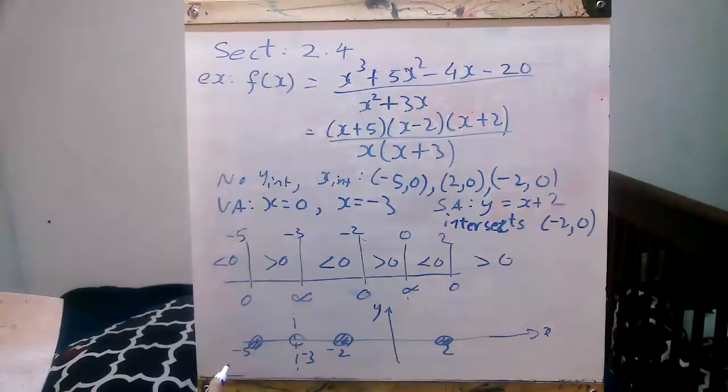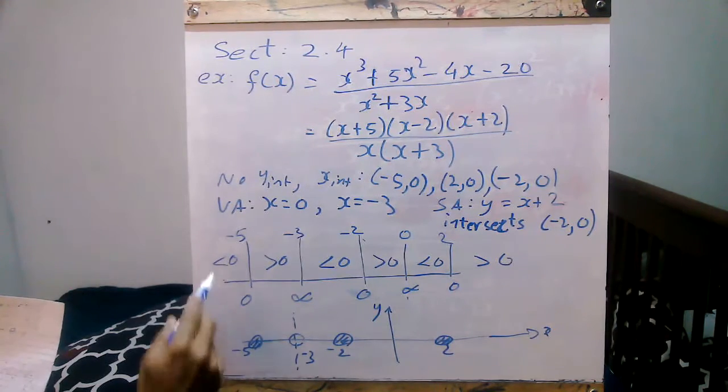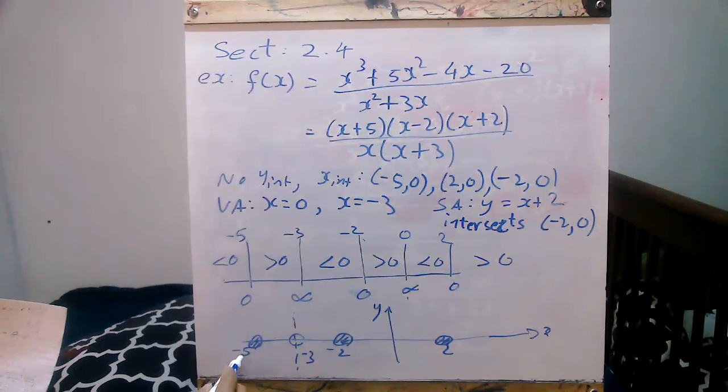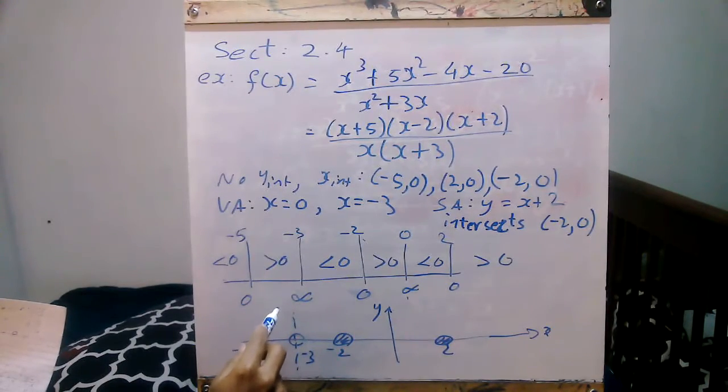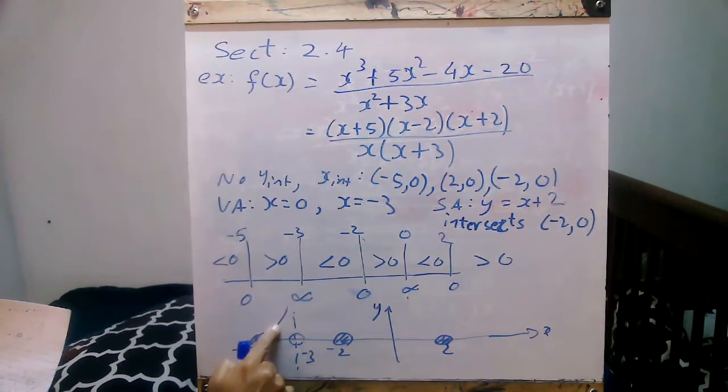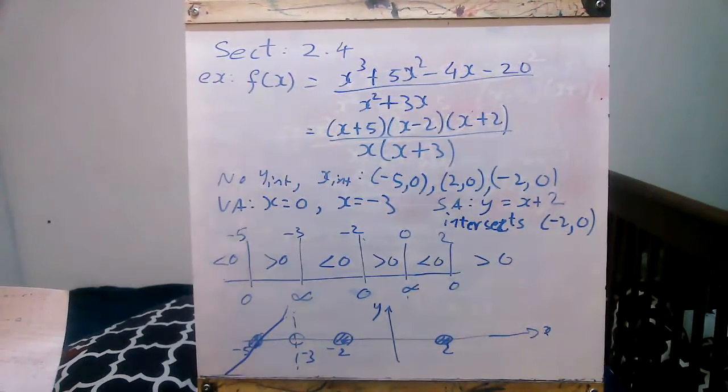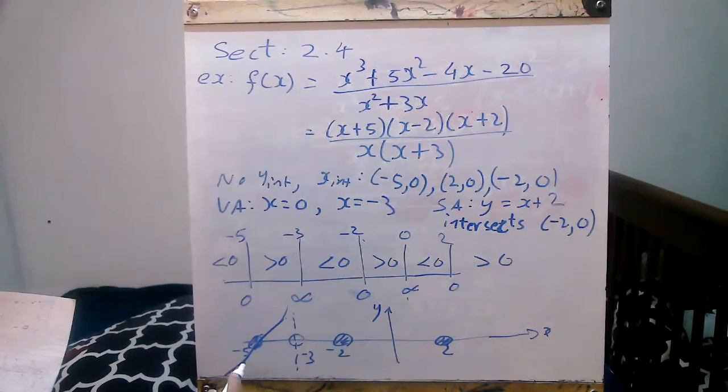Left of -5, it is less than 0, so it comes in this direction. On the right side it is greater than 0, so the graph should go like this. And where it is getting closer, that's the other thing.